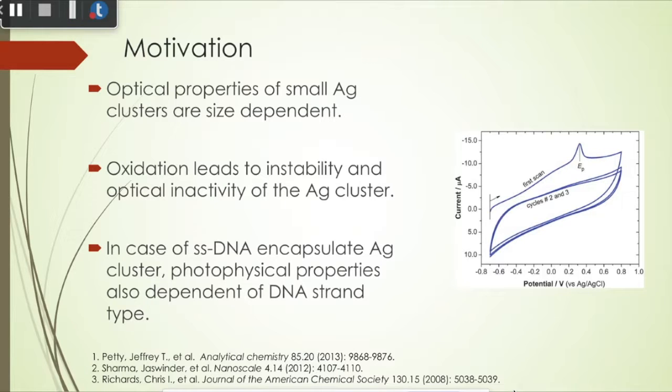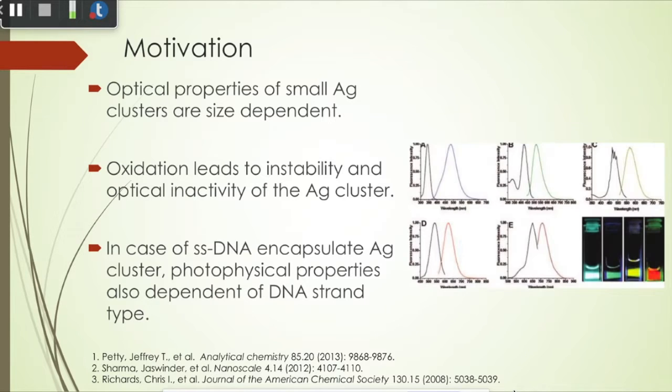So they're saying this kind of silver cluster has irreversibility in the reduction potentials, and this peak also determines the irreversibility of this cluster. So it is important to know the oxidation potential of all of these clusters.